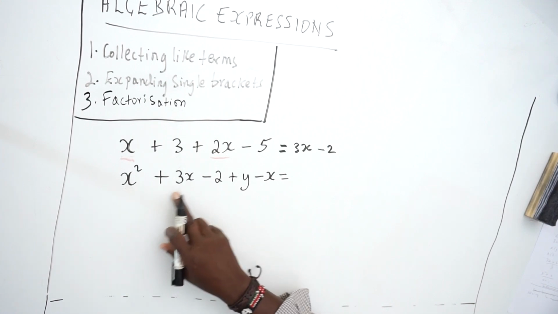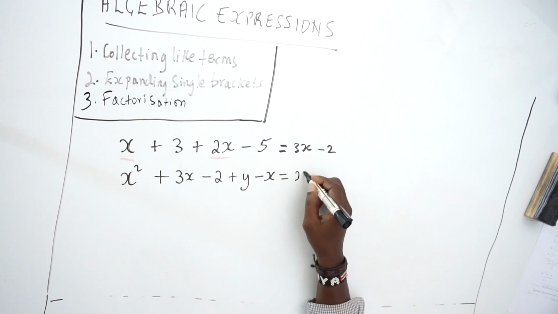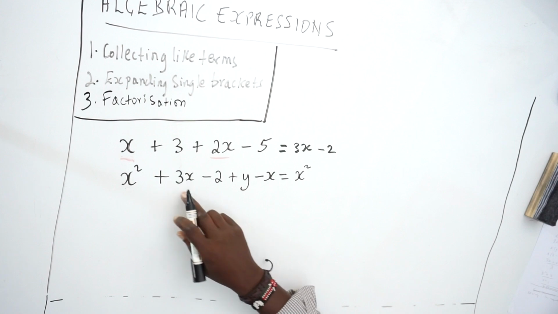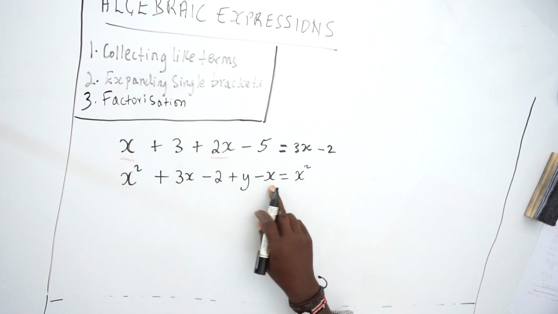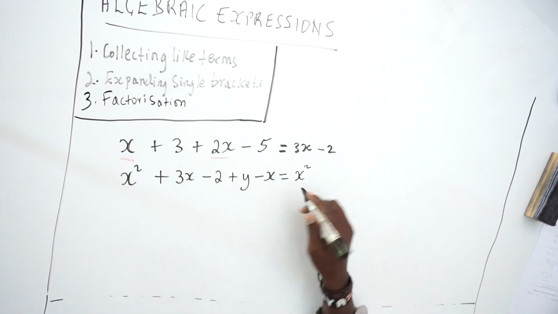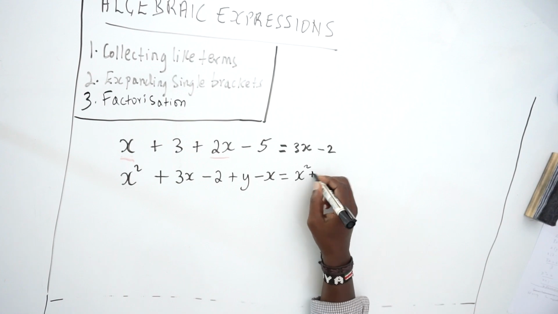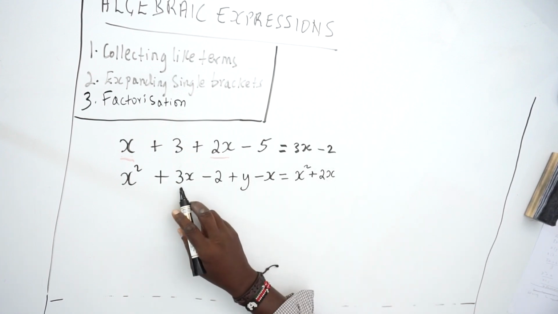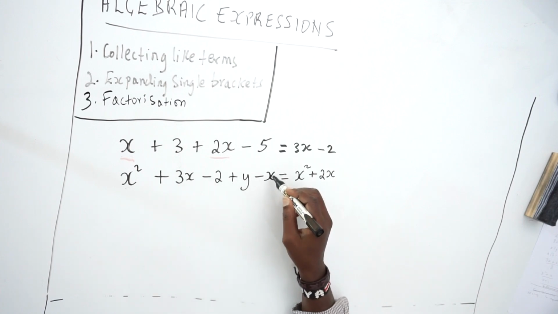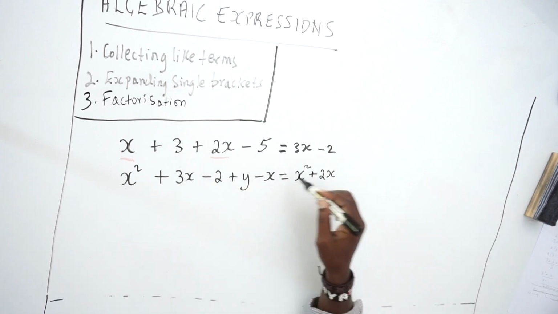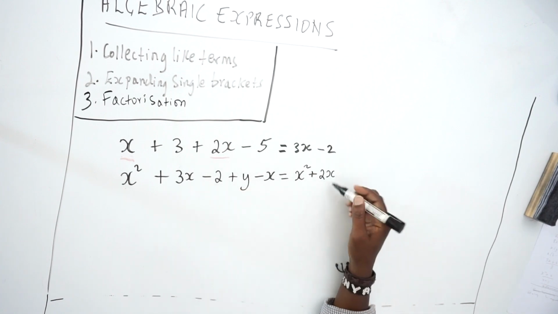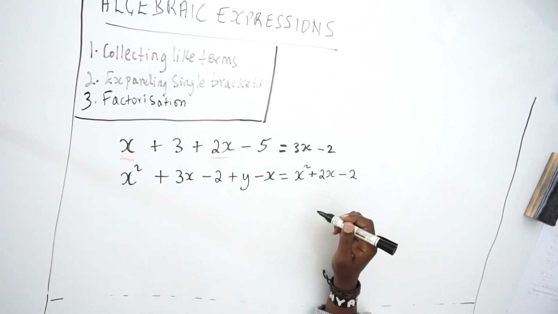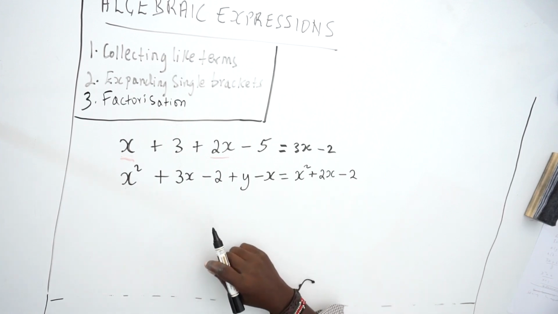We can't put them together. So it's standing alone. There's no other x squared. So the x's: 3x minus x giving you 2x. So by putting the x's together, we get 2x. The minus 2 remains alone, and this expression now becomes that particular short expression.